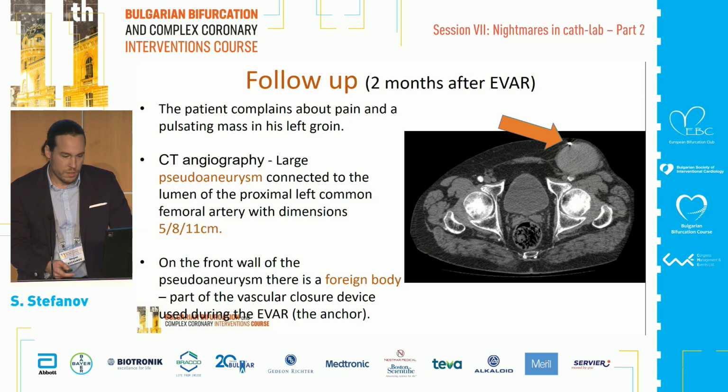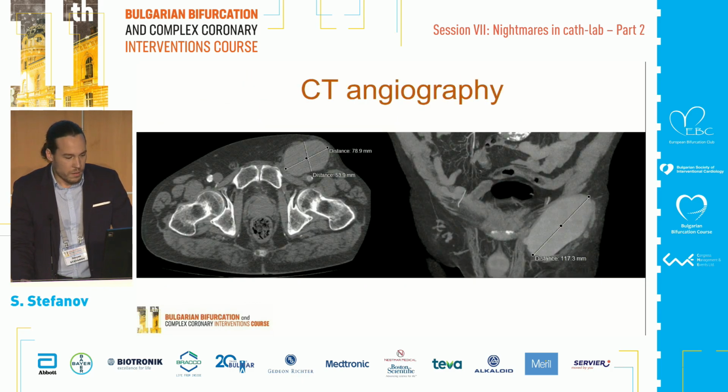You can see on the anterior wall of the pseudoaneurysm the anchor from the Manta closure device. So you can see a really big pseudoaneurysm. And now the question is what to do next with this patient.